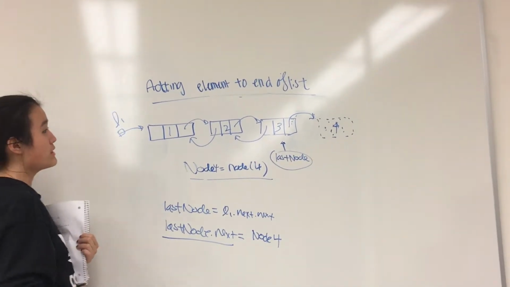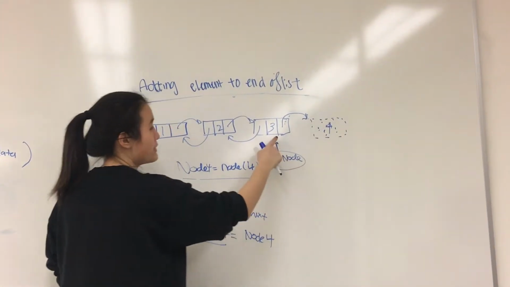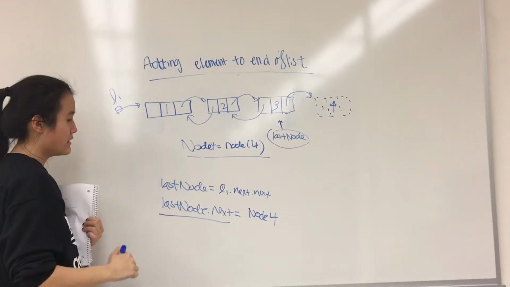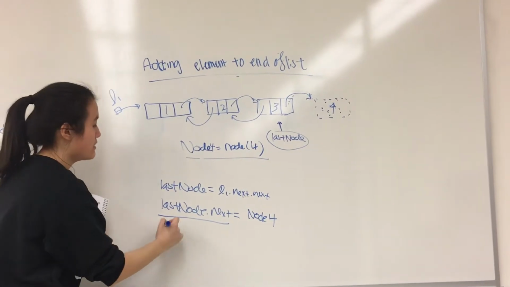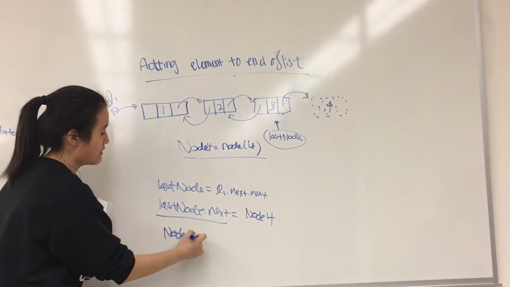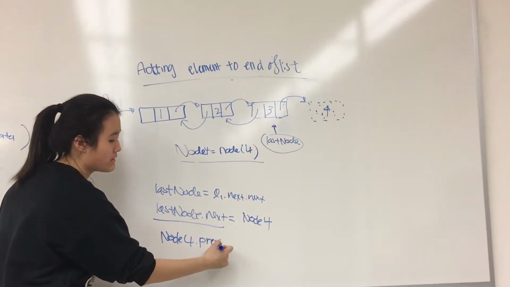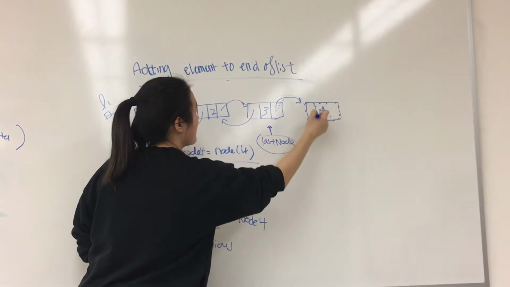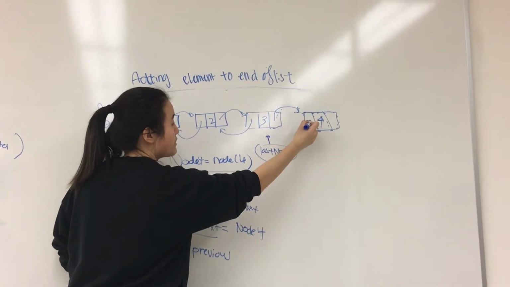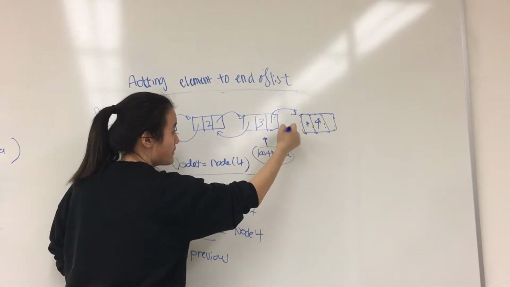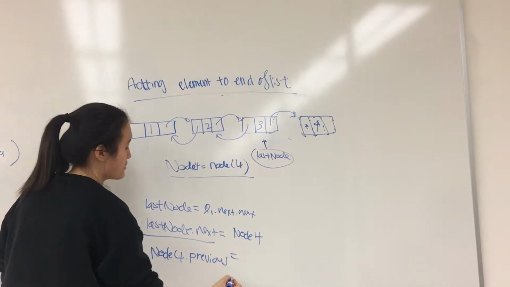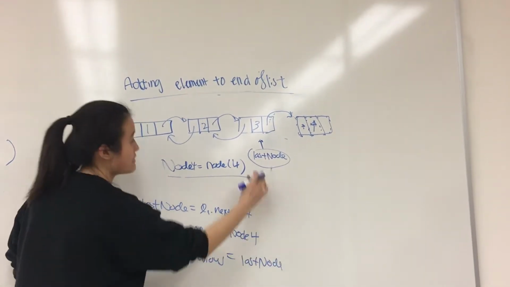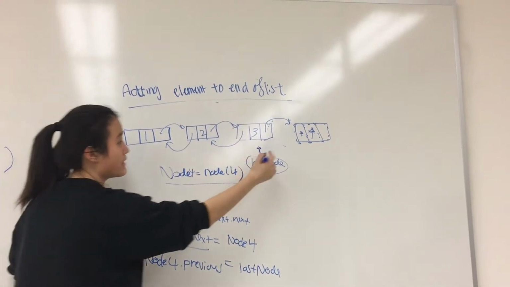Now what we need to do is have node 4's previous pointing to node 3. It's generally the same idea. So you say node 4 dot previous is equal to last node. And last node we know is pointing to this node right here.